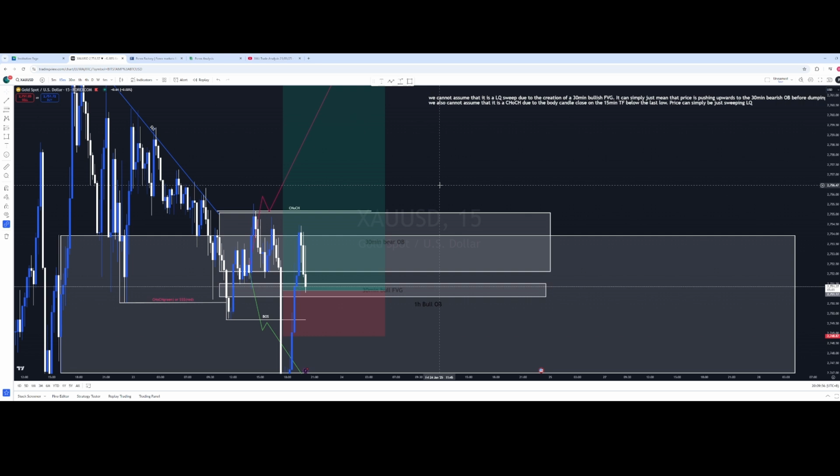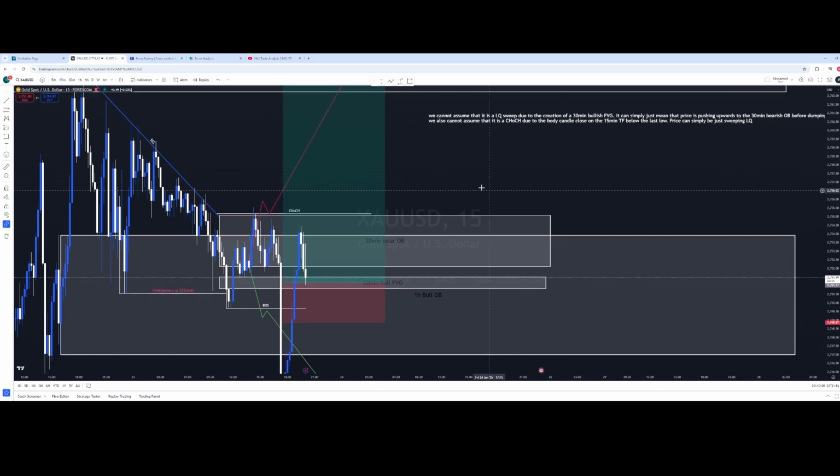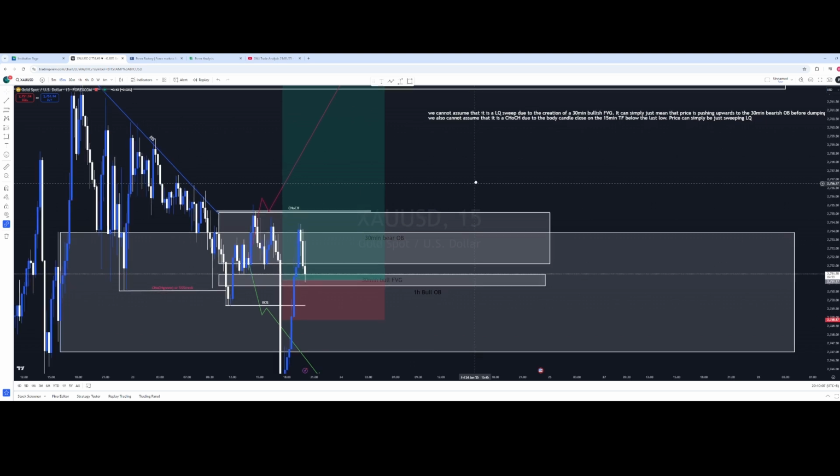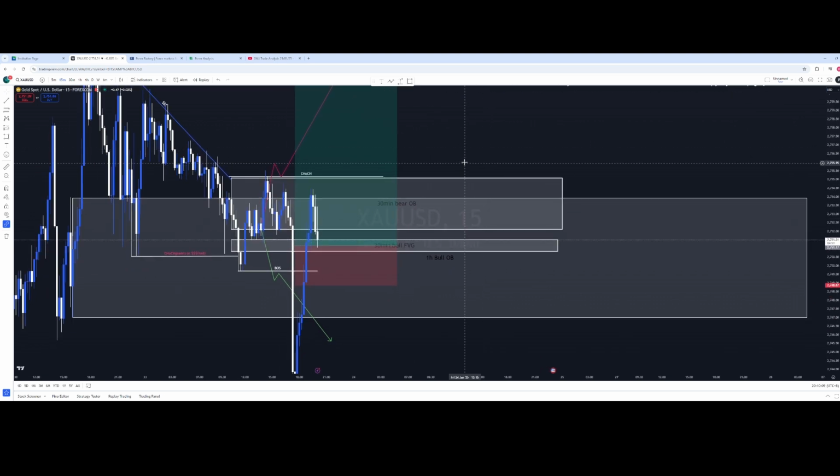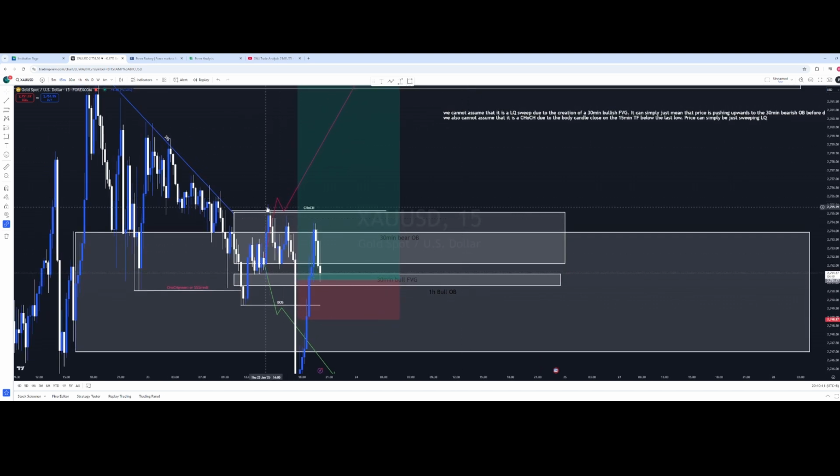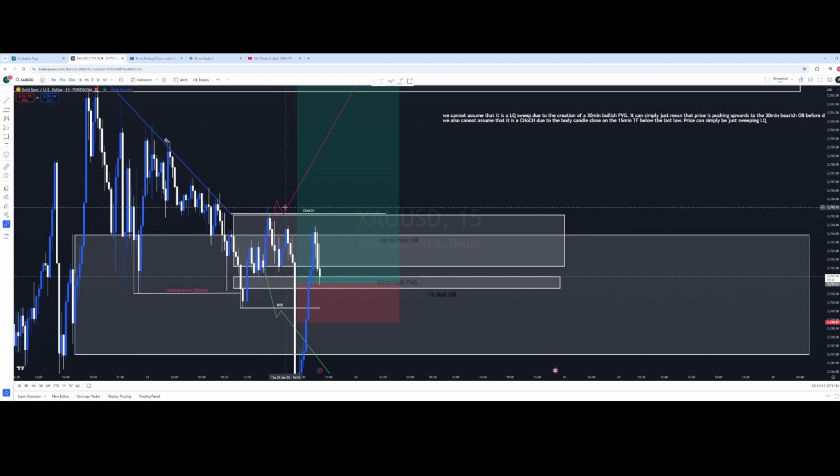But I abided by my rules already, and gold just manipulated. Gold has been very manipulative this month. I have no idea why. So you see, it broke, it came down here, and still didn't want to go up.